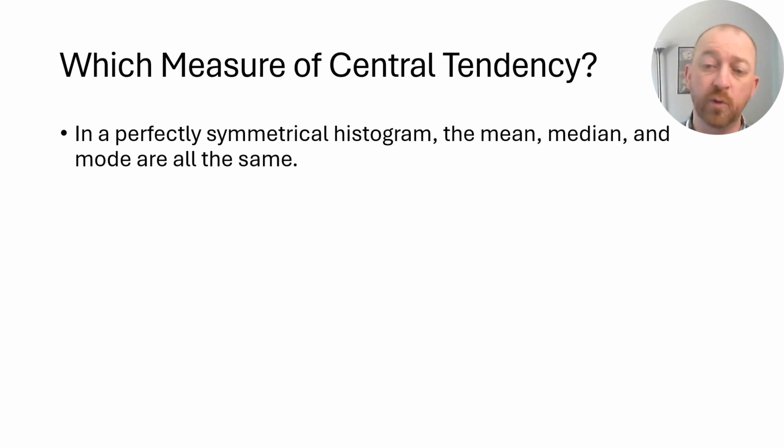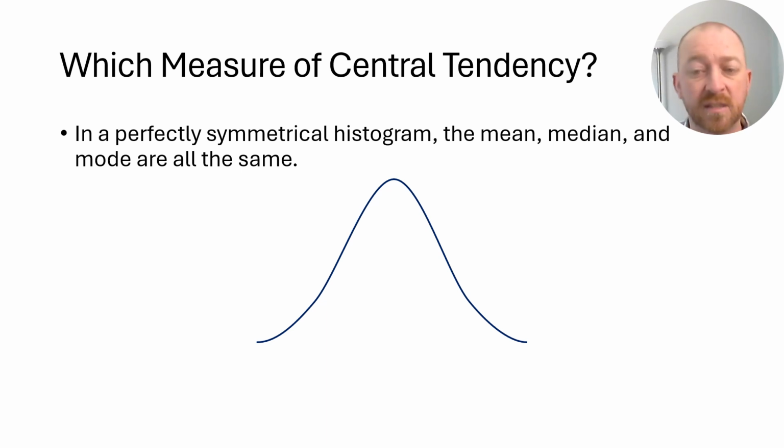Luckily, if your data set is symmetrical, or at least really close to symmetrical, then the mean, median, and mode are all the same, or at least very close to the same. For example, if you have a perfectly bell-shaped curve, in fact it doesn't have to be bell-shaped at all, as long as it's symmetrical down that vertical axis, then the mean, median, and mode are all the same. The mean is the arithmetic average.